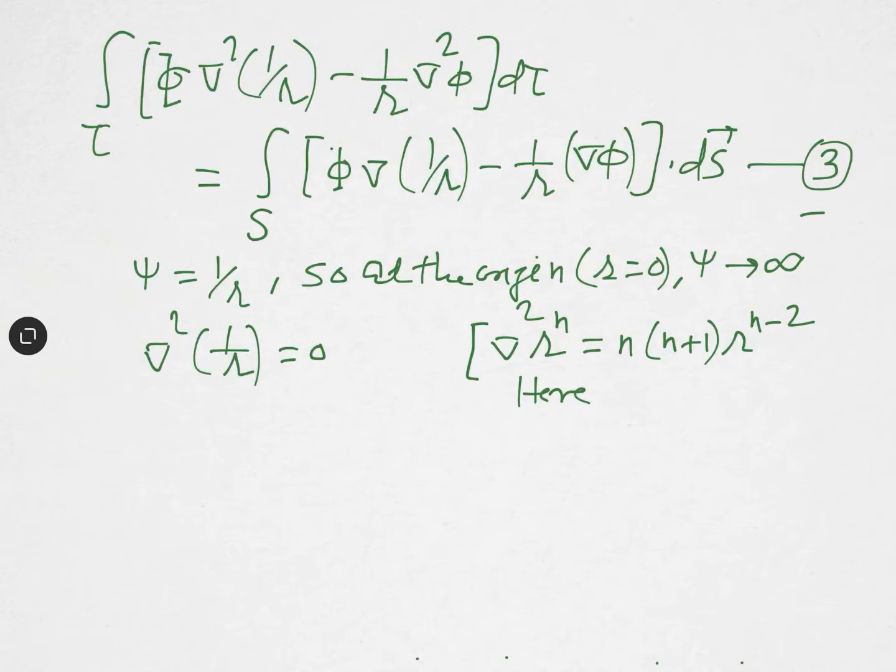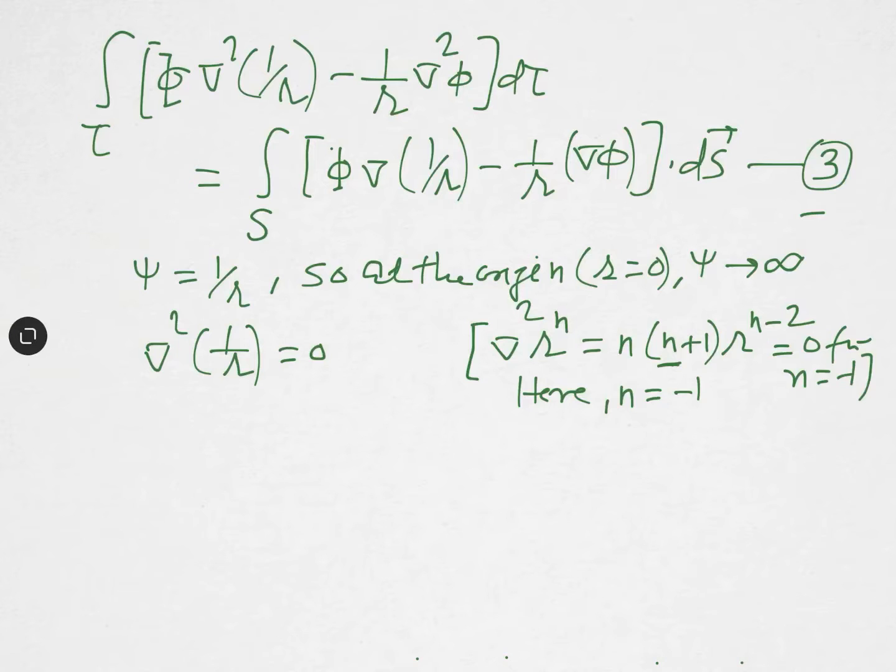And in this problem you can see that n is equal to minus 1. If we put minus 1 in place of n, this result will be 0. So this is 0 for n equal to minus 1. So you can write del square 1 over r is equal to 0.